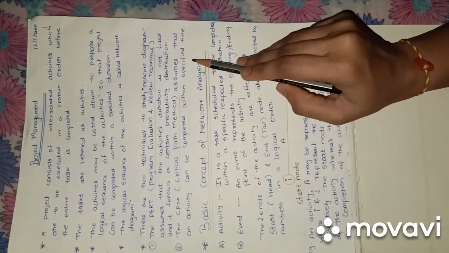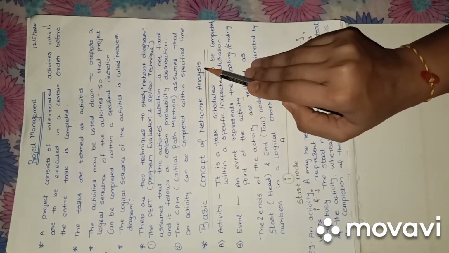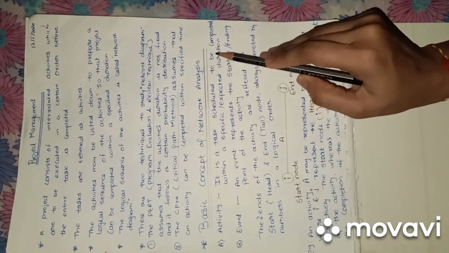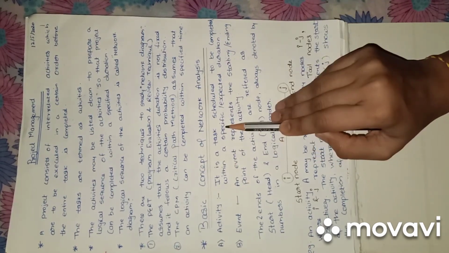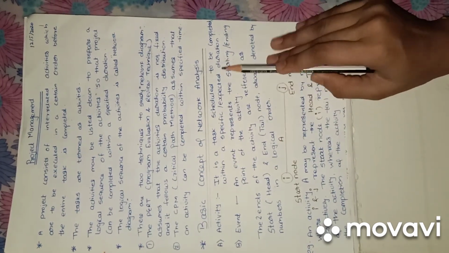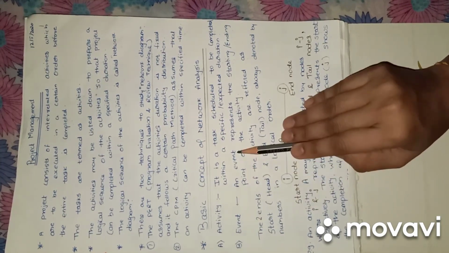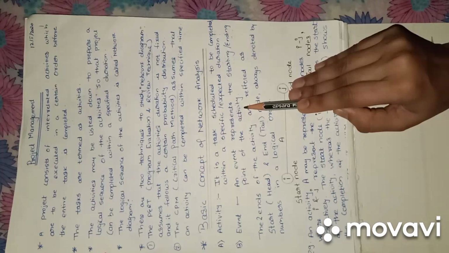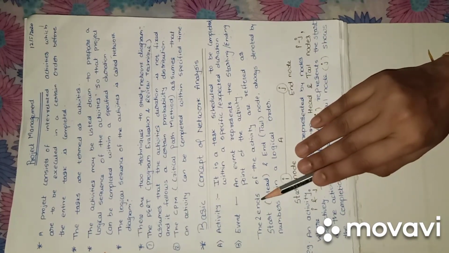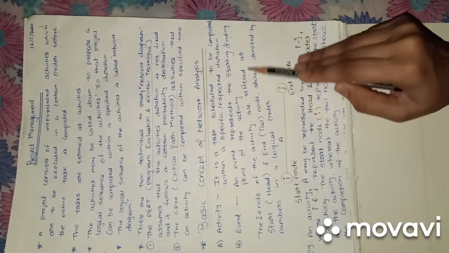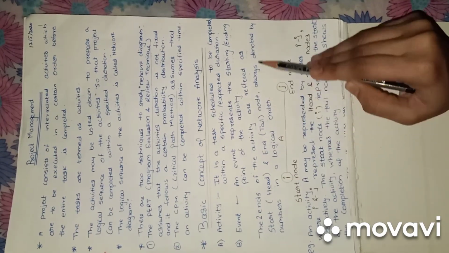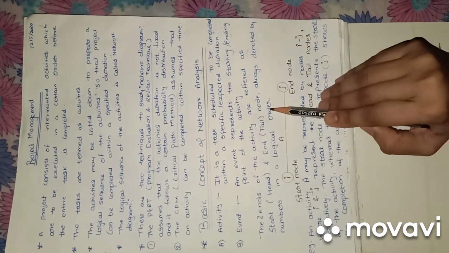Now let us understand the basic concepts of network analysis. Activity: it is a task scheduled to be completed within a specific or expected duration. Event: an event represents the starting or ending point of the activity. The two ends of the activity are referred to as start node and end node, always denoted by numbers in a logical sequence.